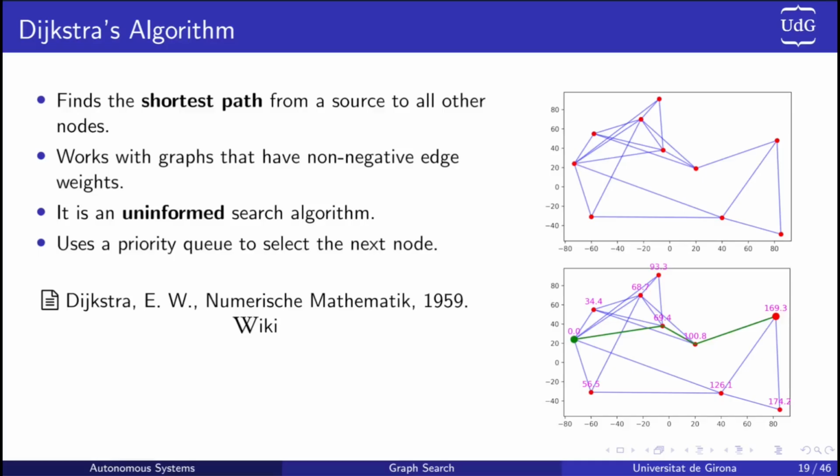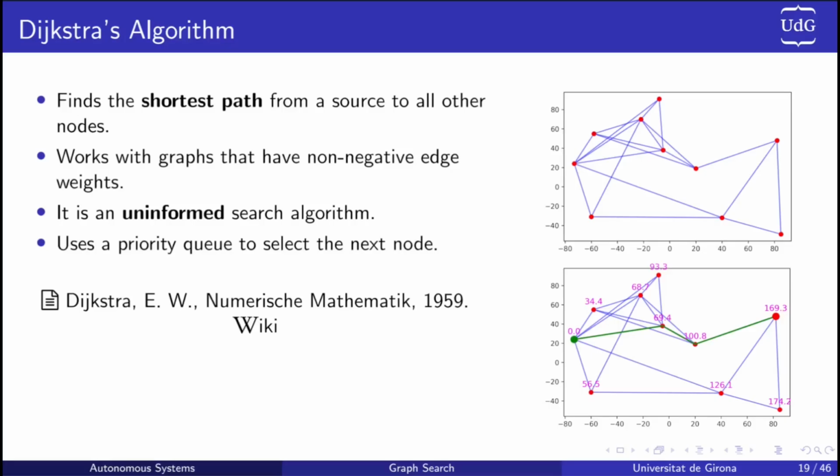Normally, for most of the cost functions that we will define, the cost will always be at least zero or positive. The good thing about the Dijkstra algorithm is that it's uninformed, so it does not rely on any heuristic function. It means that it's one thing less that we have to think about. We don't have to think about any heuristic function and be sure that it's admissible and all this stuff.